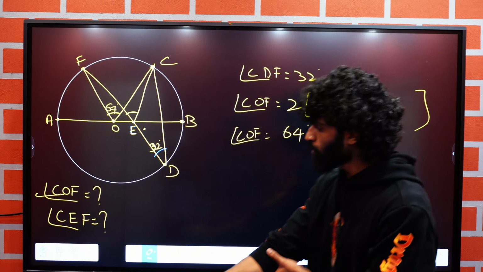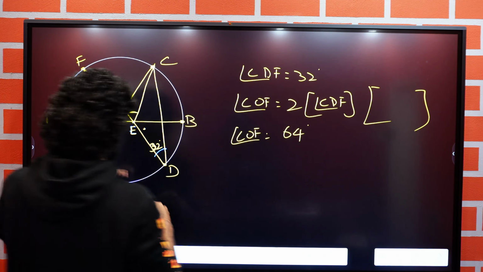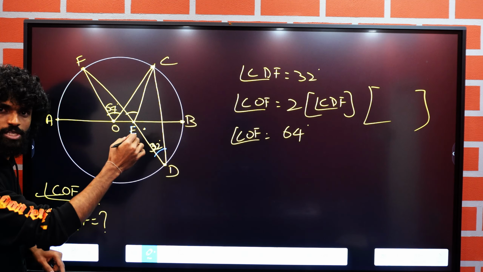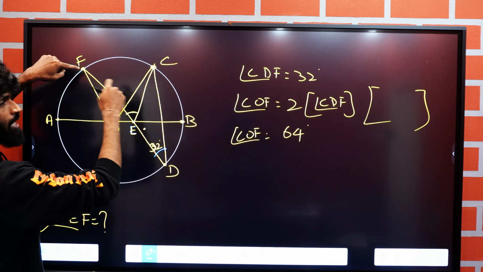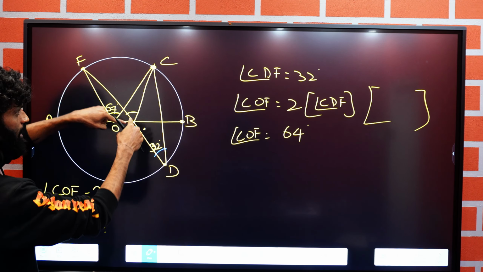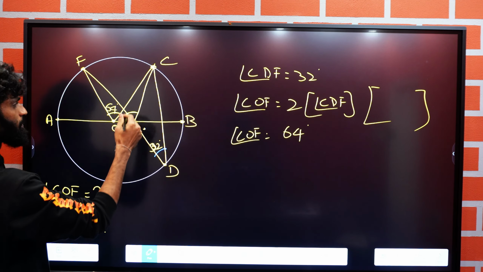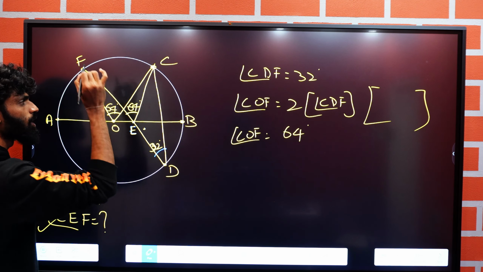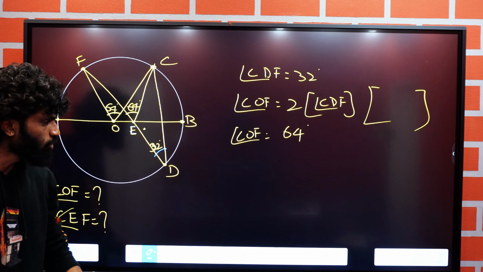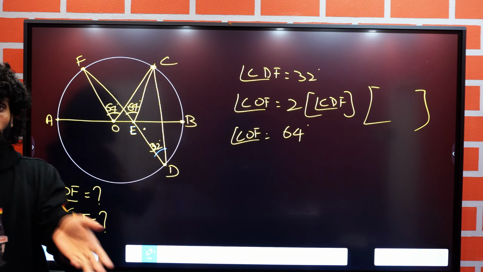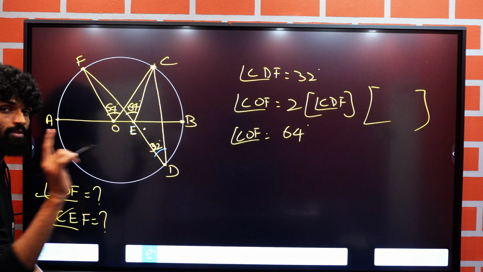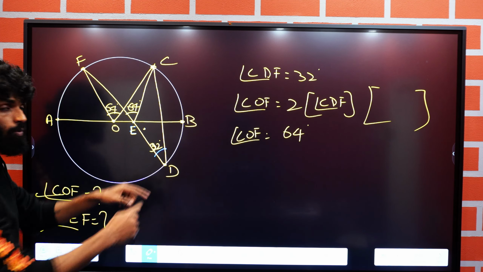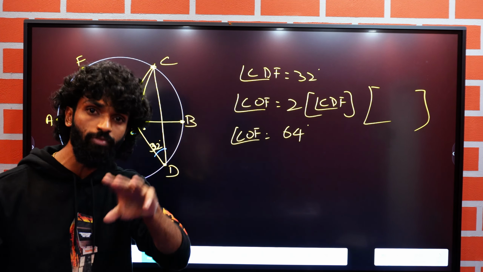Fine. Next, I'm supposed to find angle CEF. I locate the angle here. Step number 0 done. The angle leads to the points of origin C and F. That C and F is hitting E, and it is also hitting 64, which means this angle will also be equal to 64. Now don't get confused between this and this. You might ask, sir, here it was 32, it became 64 there. That is theorem 1, where center and circumference, both of them are involved.